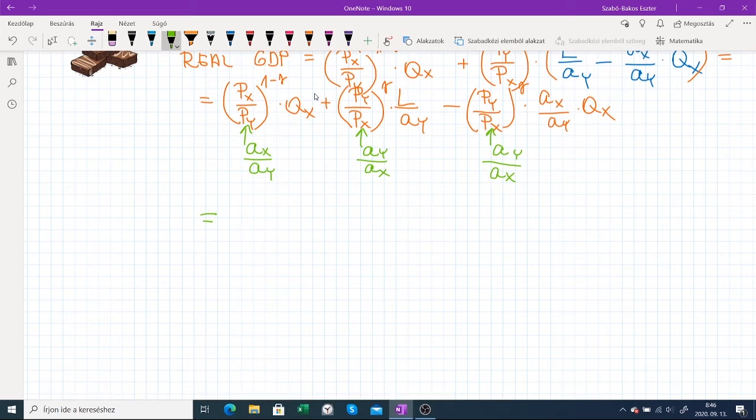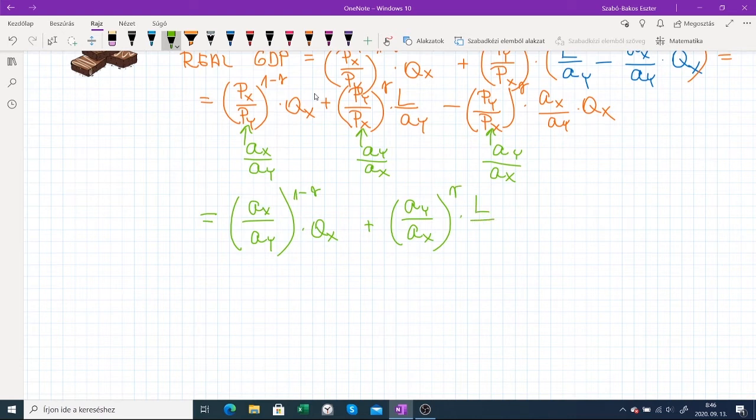So the real GDP for a closed economy is (Ax over Ay) raised to power of 1 minus gamma times Qx plus (Ay over Ax) raised to power of gamma times L over Ay minus (Ay over Ax) raised to power of gamma multiplied by Ax over Ay multiplied by Qx.